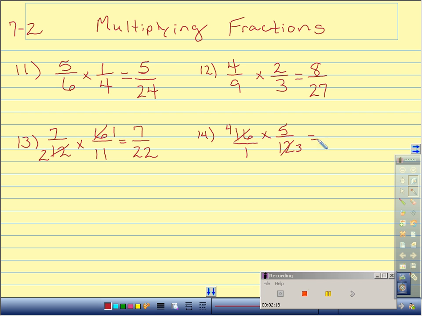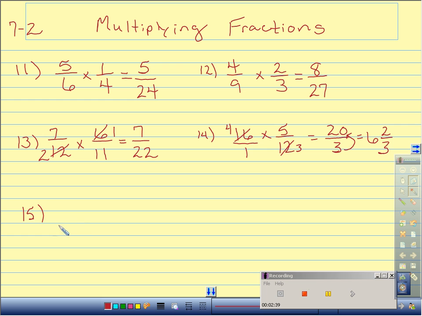Multiply. 4 times 5 is 20. 1 times 3 is 3. Improper fraction. Divide. 3 goes into 20 6 times, which is 18, so that leaves 2. And the denominator stays the same.